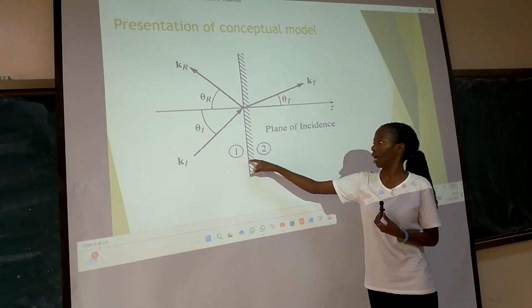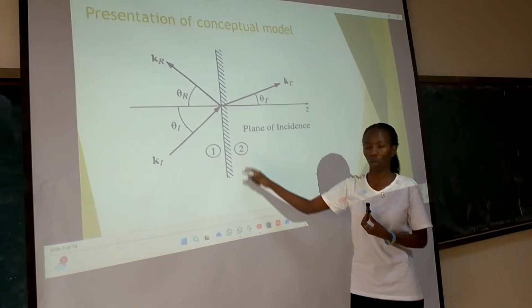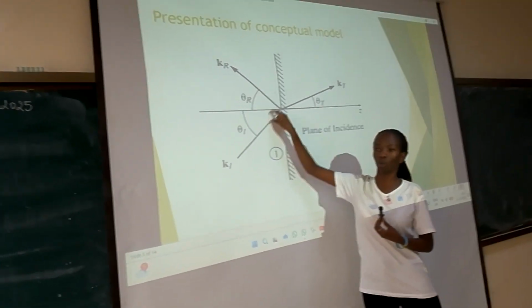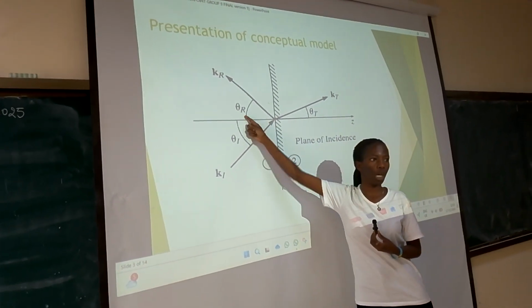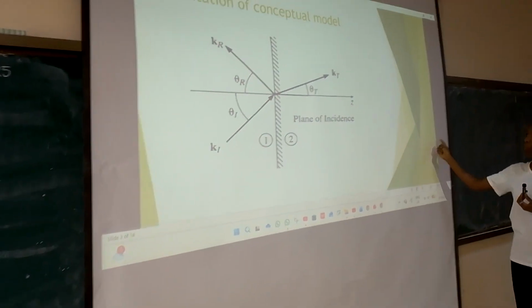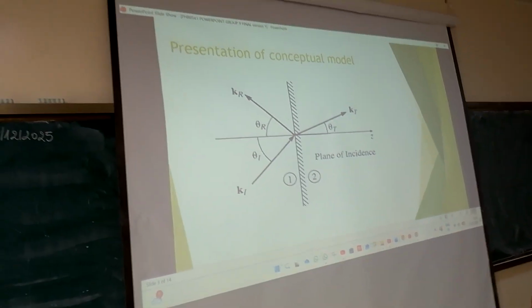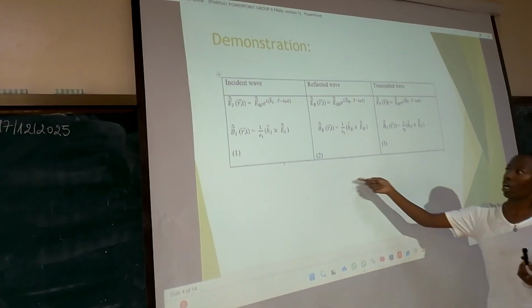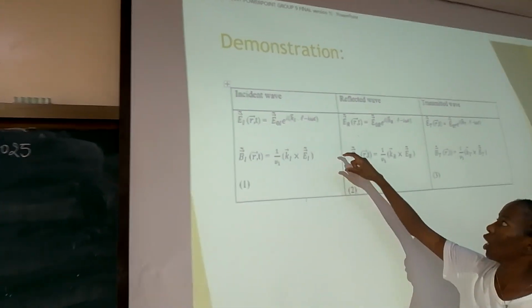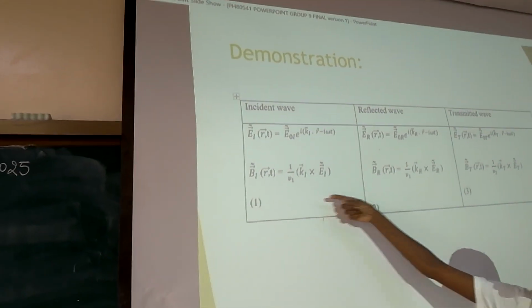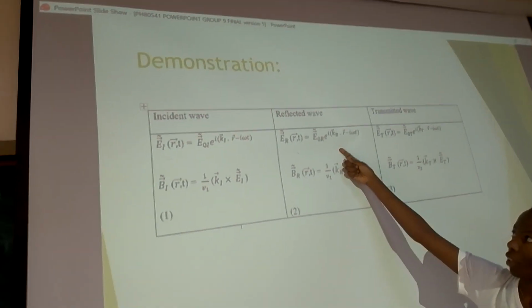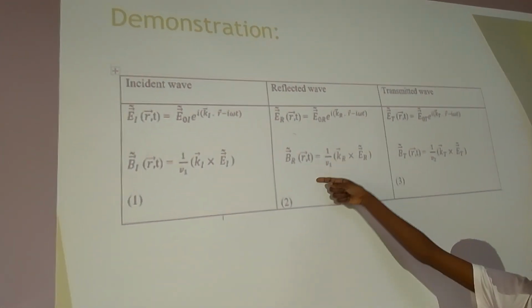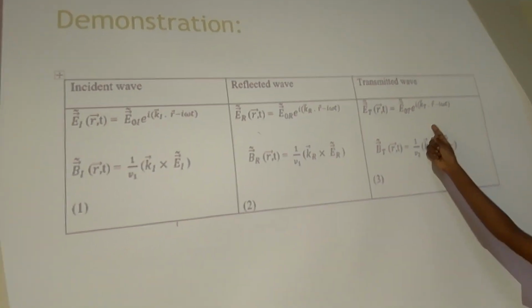This is medium 1, and we have medium 2. In medium 1, we have 2 waves, the incident one and the reflected one. Then you go back to the table. Here we have the incident wave, electric and magnetic, and we have the reflected wave, electric and magnetic, even for the transmitted.